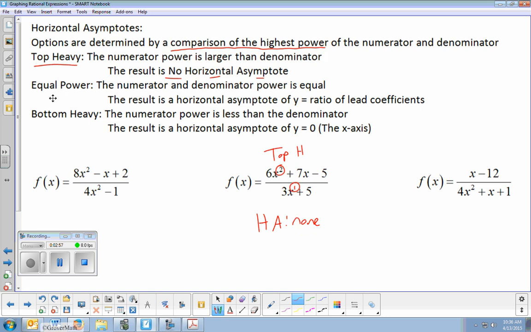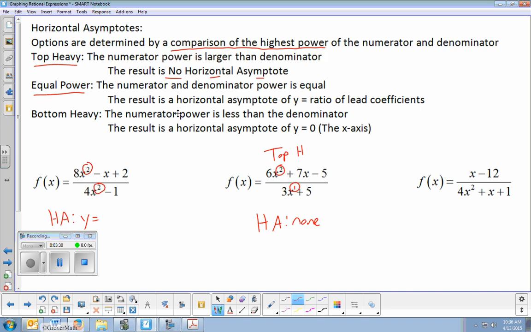Now, what if they're equal power? Like in my first example here, my exponent here is squared and my exponent here is squared. In the case of equal power, the result, the horizontal asymptote. First of all, a horizontal asymptote is a horizontal line. When we did vertical asymptotes, a vertical line is the equation x equals. A horizontal line is going to be y equals, not x equals, y equals for horizontal.